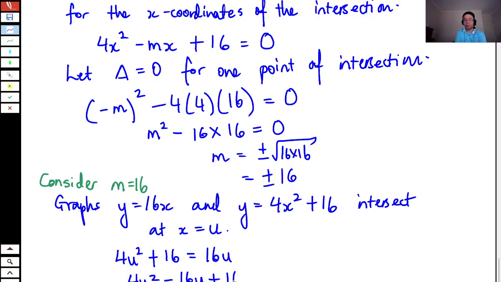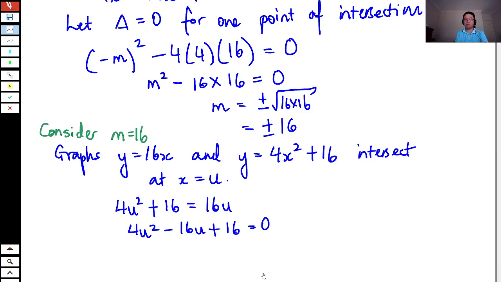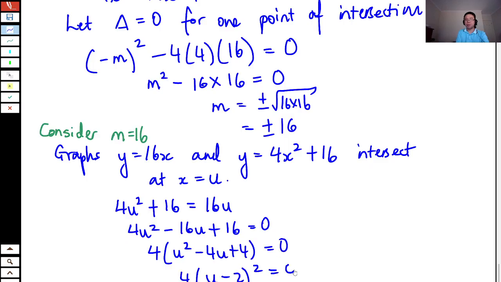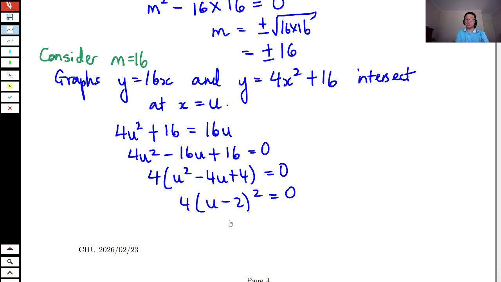And now I get this quadratic. Or that is 4 bracket u squared minus 4u plus 4 equals 0, or 4 times u minus 2 all squared equals 0. Now the solution to this is u equals 2.